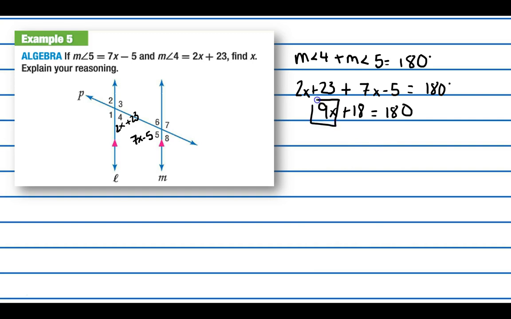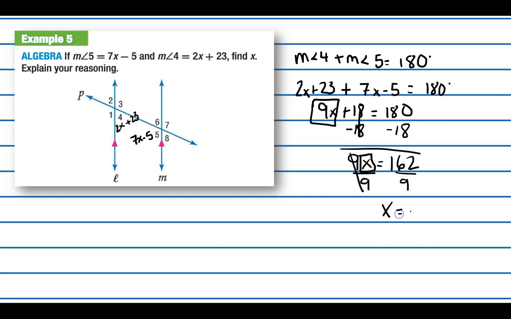Then I still want to solve for x, so I'll box the 9x and subtract 18 from both sides. So 9x is equal to 162. The box becomes smaller. Divide 9 from both sides.